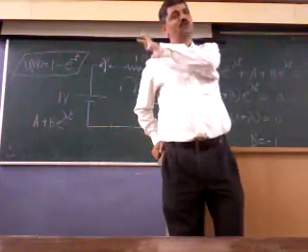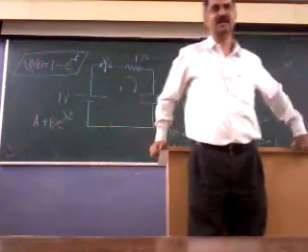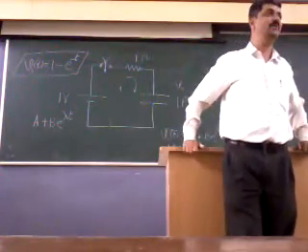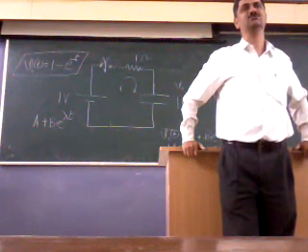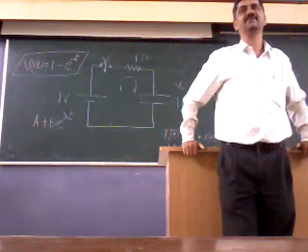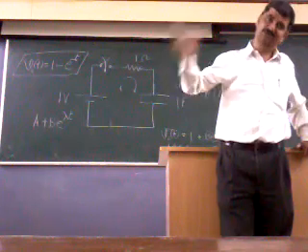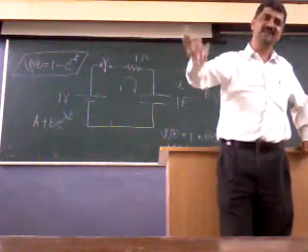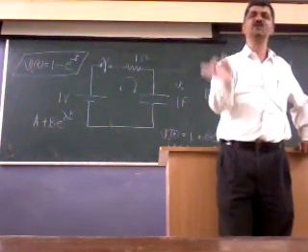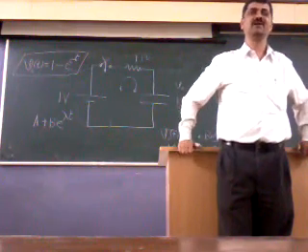So wherever you get a transient circuit like this, assume the solution of the form A plus B e raised to lambda t and put that in, and you will get the differential equation converted into an algebraic equation.